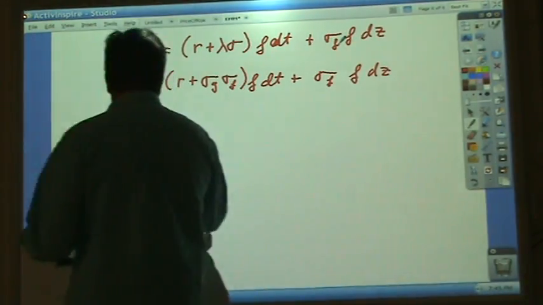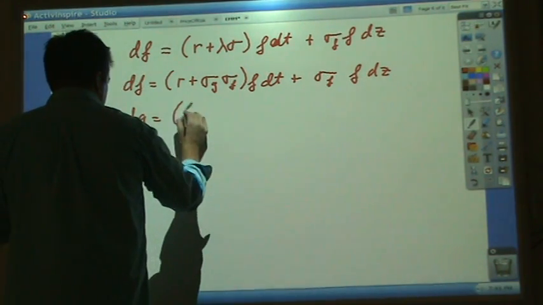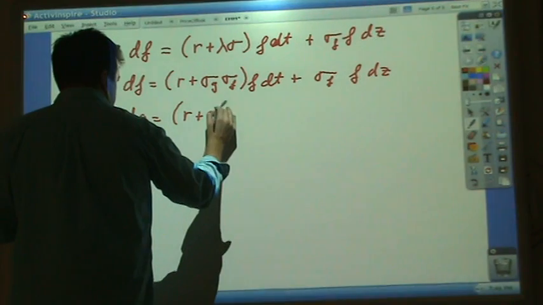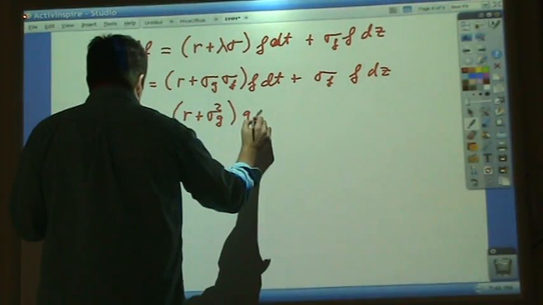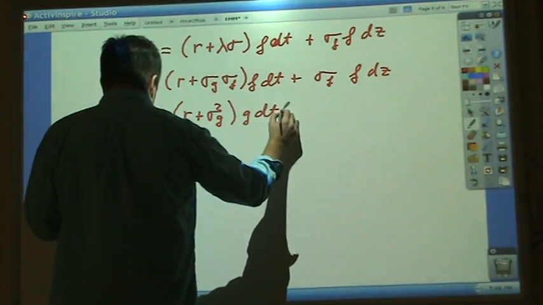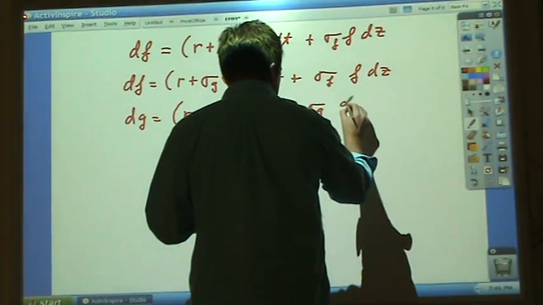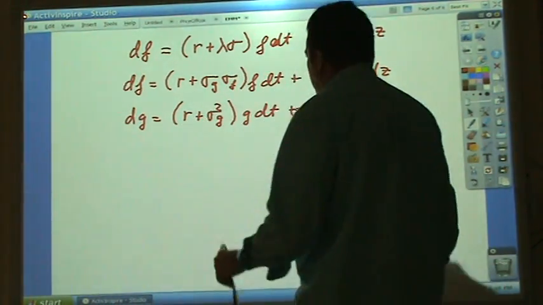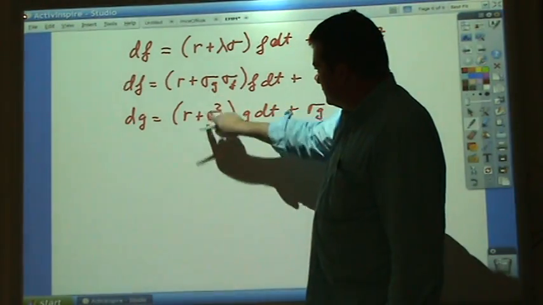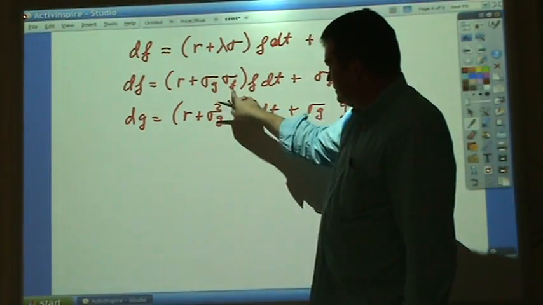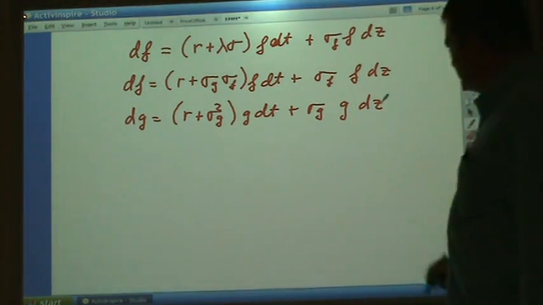Okay, then dg equals r plus sigma squared g. So all we're doing here, we're using sigma g in both cases, and this would be sigma g times sigma g for this formula. And everything else seems okay.